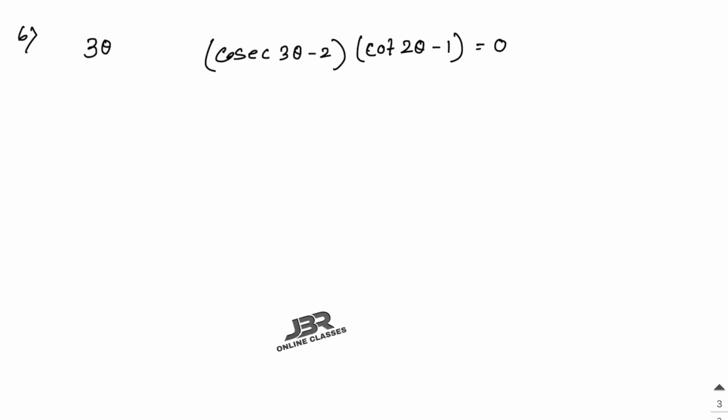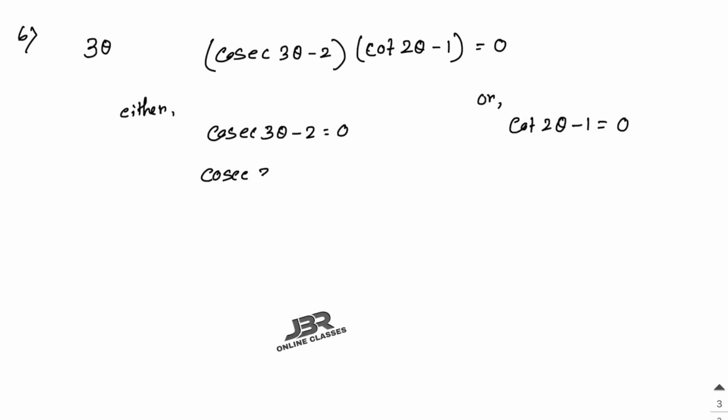So as here the multiplication of two numbers, the first one and the second one, is 0, that means either you can write cosec 3 theta minus 2 equal to 0, or cot 2 theta minus 1 equal to 0. So that means cosec 3 theta equal to 2, or cot 2 theta equal to 1.